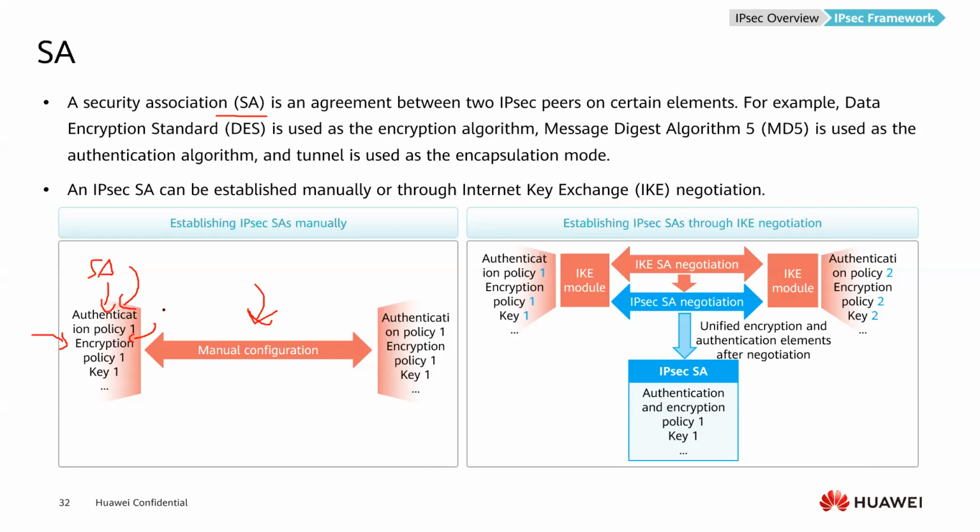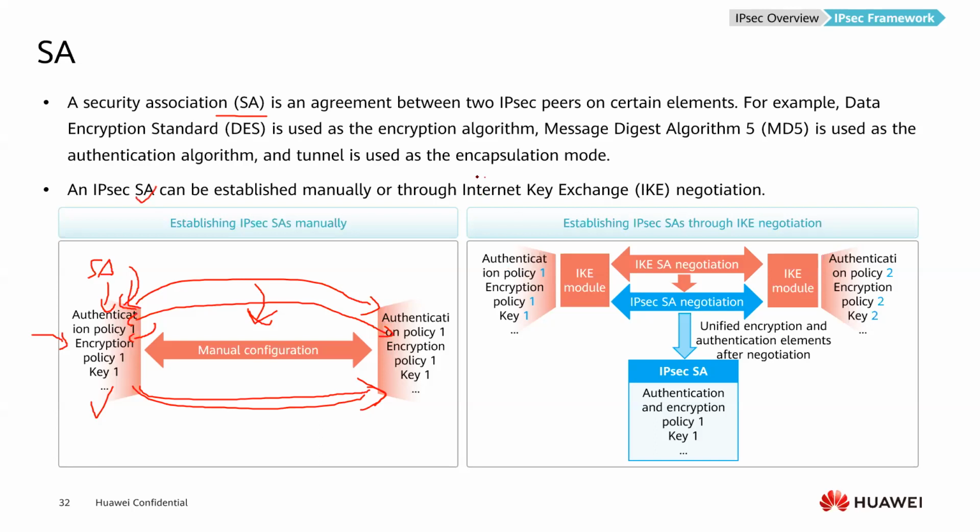If you want to forward IPsec traffic, at least you need to let the other side know which kind of way you are using to do the IPsec. So you need to send the SA information to the other side, or you need to negotiate with the other side. So how to exchange the SA?